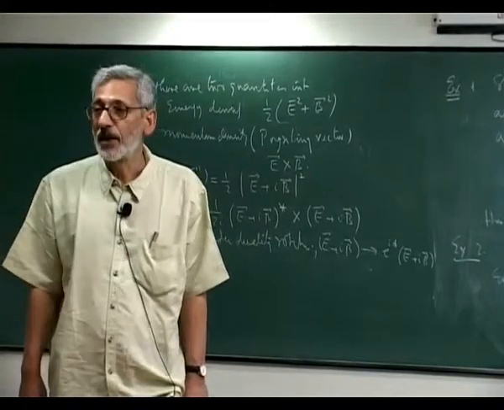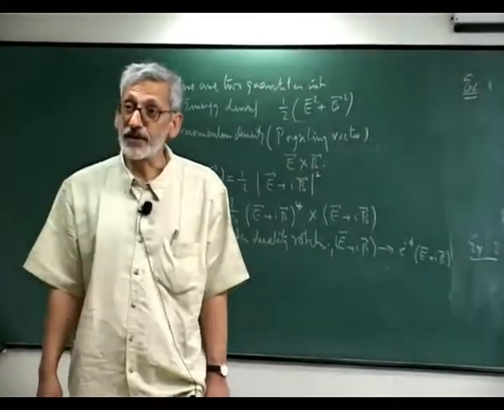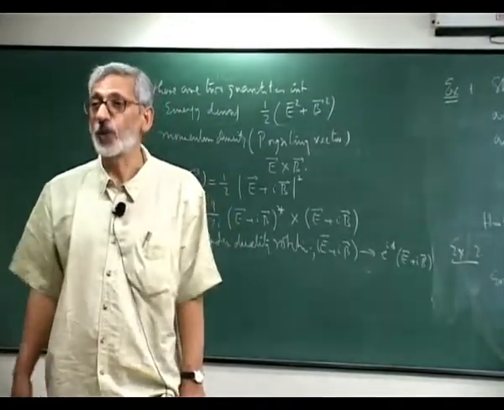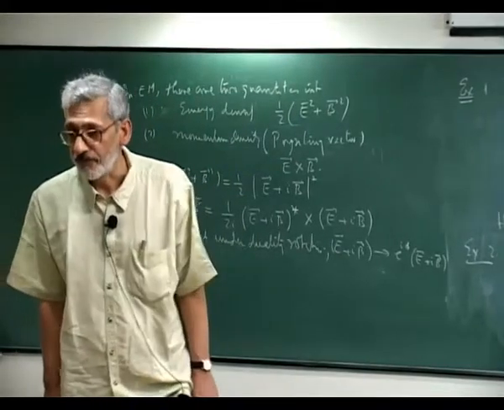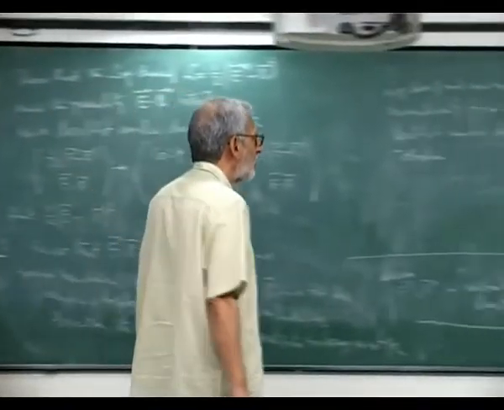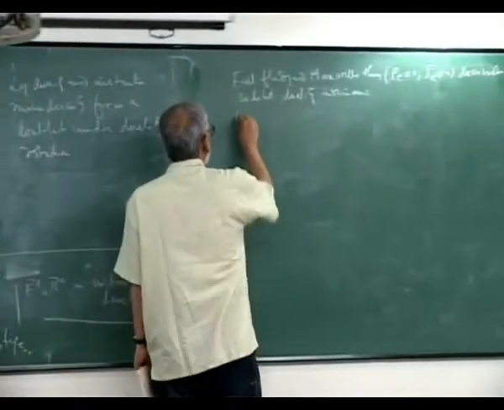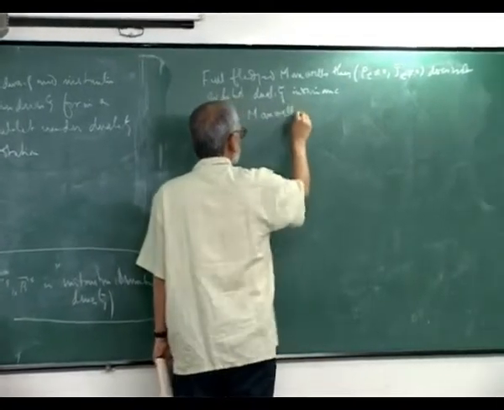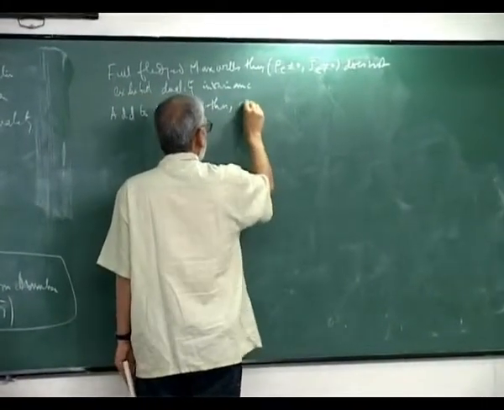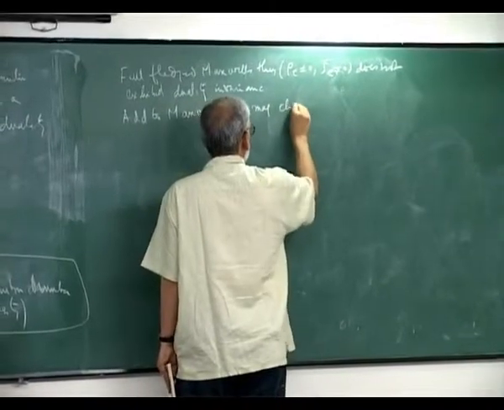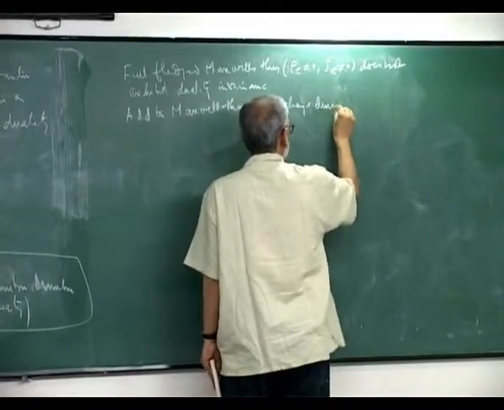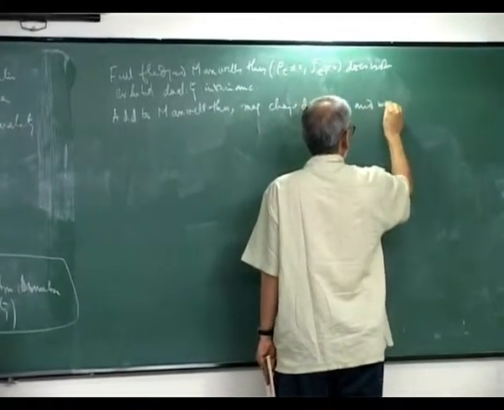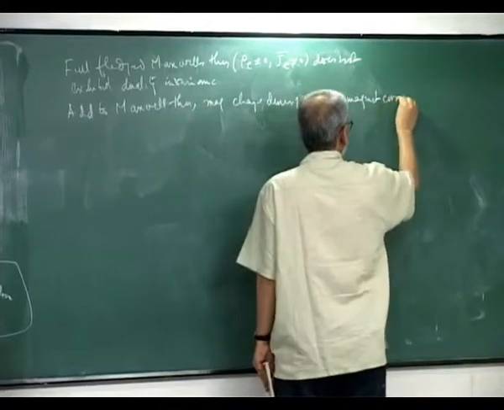But somehow let's put in a magnetic charge density and magnetic currents in Maxwell's theory and see what properties it has. So we modify Maxwell's theory, adding magnetic charge density, rho M, and magnetic current.